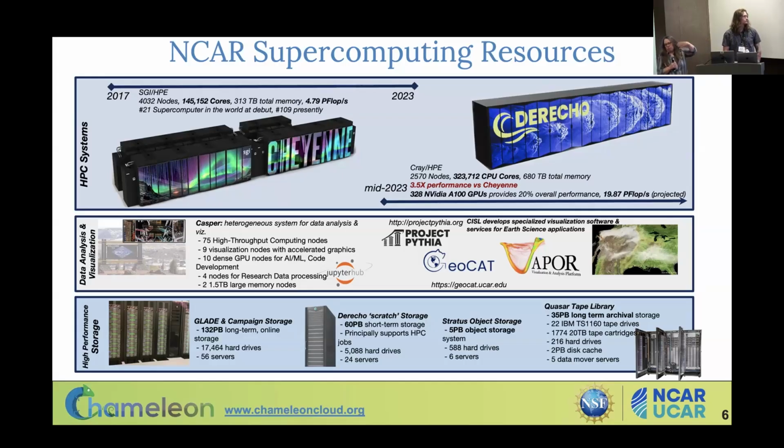So we buy one-off machines, we put them in that cluster, and use that for visualization, high throughput computing, things that our flagship machine wasn't designed to do. We also have several storage systems. We've got a large Glade or campaign store that's mostly where the users store their data. We also have a scratch storage system, which is Lustre-based. We have an object store and tape library. So those are the main resources that we have here at NCAR.